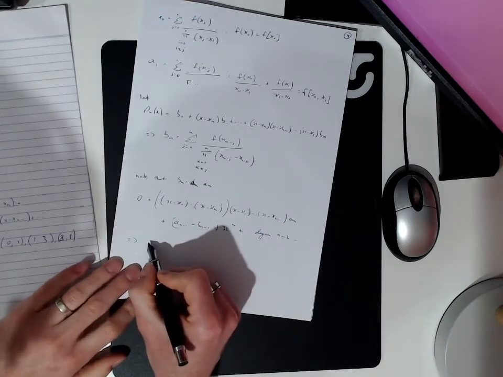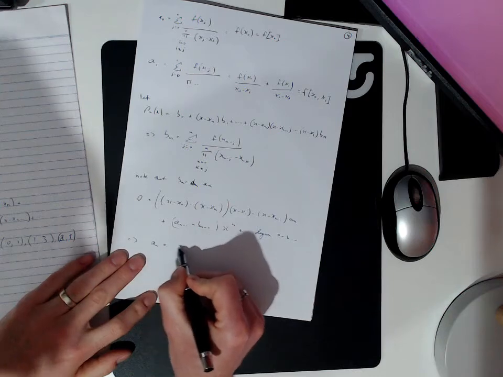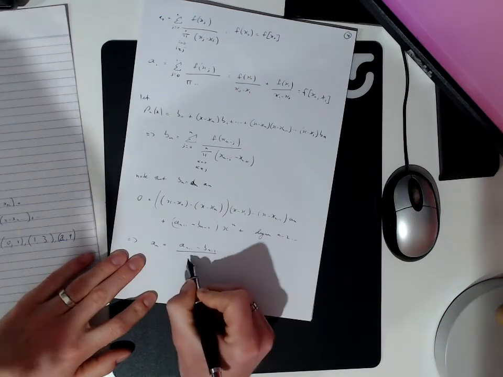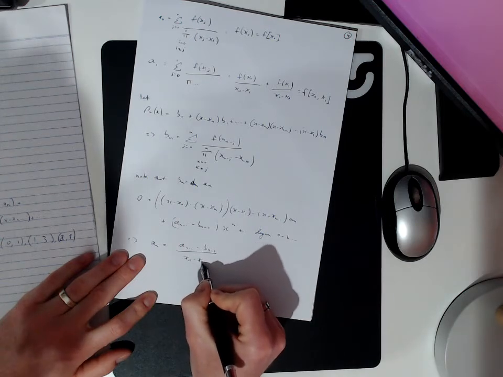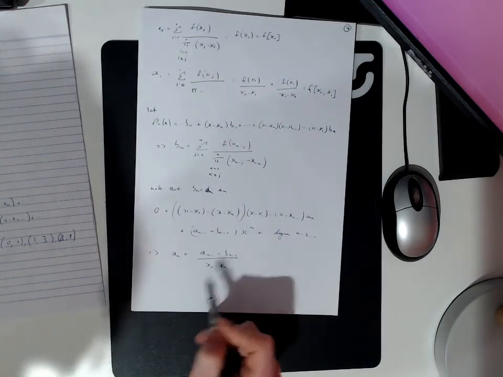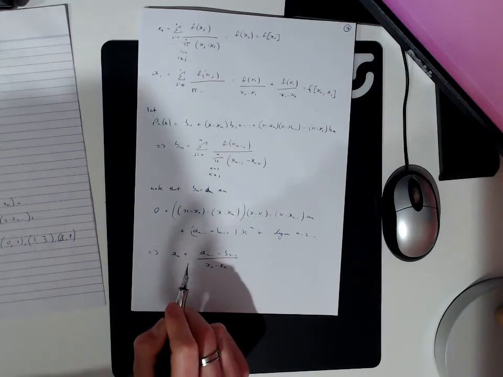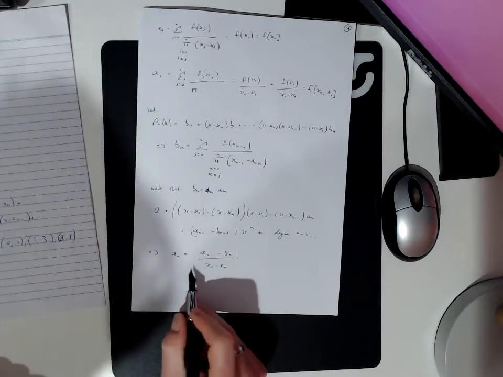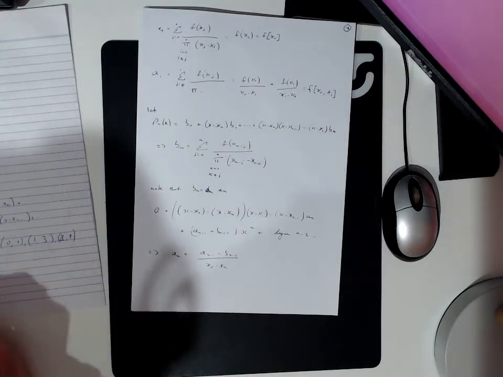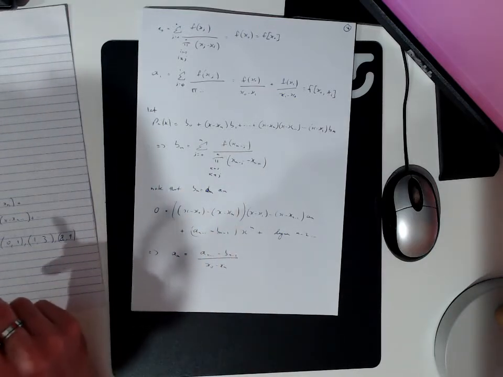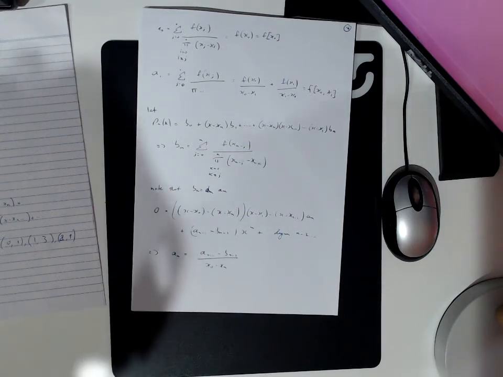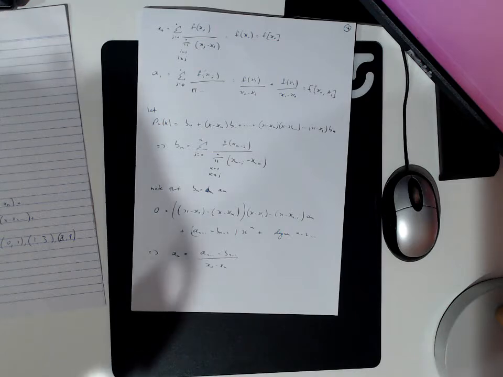And when you solve that, you end up seeing that a_n is equal to a_{n-1} minus b_{n-1} over x_0 minus x_n. So now I have two formulas for the a_n's and the b_n's, and in particular I have a formula that looks like this. This looks like a recursive formula. We know the b_n's directly, so we know, for example, that b_0 is the zeroth finite difference, f[x_n], and we can write down b_1 quite happily.